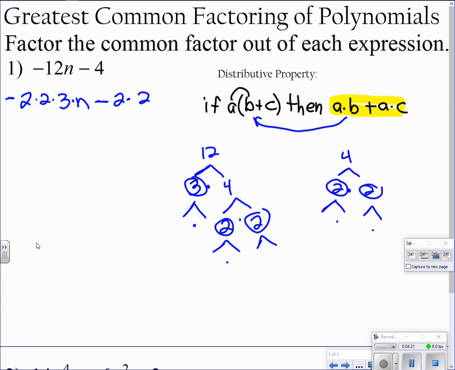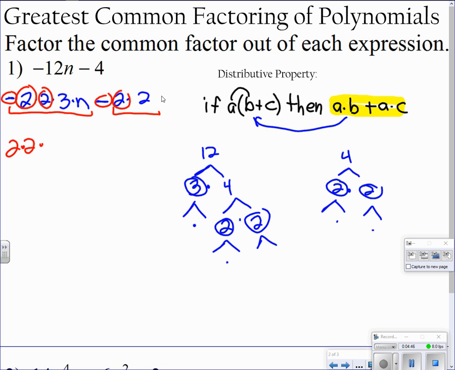Now what I'm going to do is see what they have in common. What does this and this have in common? They have a common negative, so I'm going to put in a negative. They have in common 2 multiplied by 2, and they have another 2 in common.